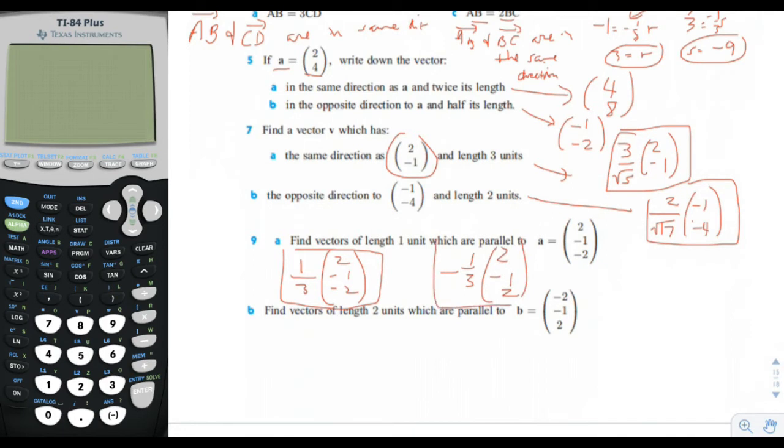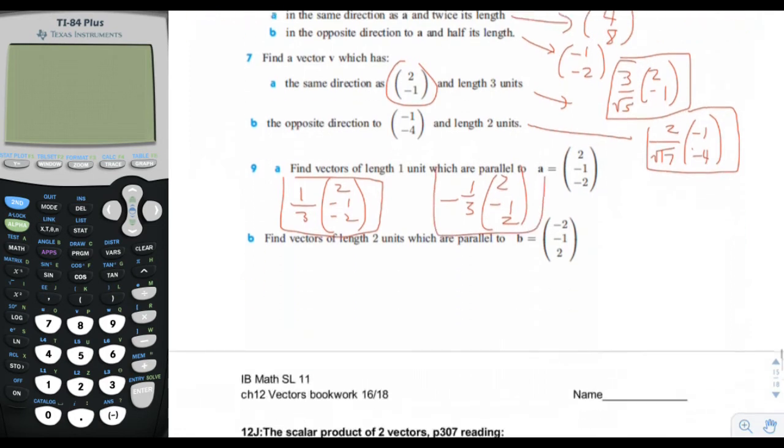Find the vectors of length 2 units which are parallel to vector B here. Let's find the length of this vector. It would be 2 squared plus 1 squared plus 2 squared. Hey, it's the same as before. It would be length 3. So we would just do 2/3, -2, -1, 2.